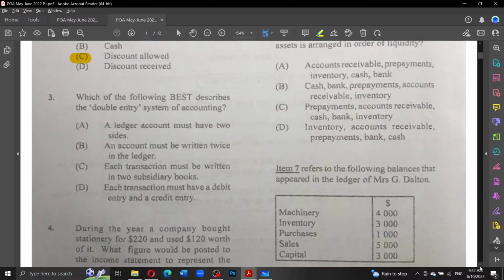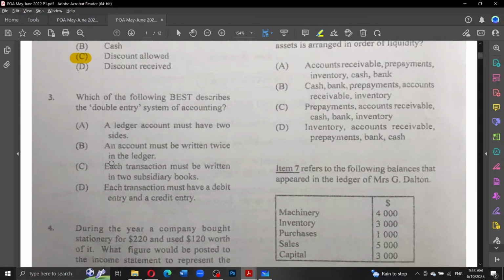Moving on to question 3. Which of the following best describes the double entry system of accounting? Double entry basically means once there is a debit entry, there has to be a corresponding credit entry. Therefore, if you have a debit entry valued $400, the credit side should also have $400. Let's see which answer has that.